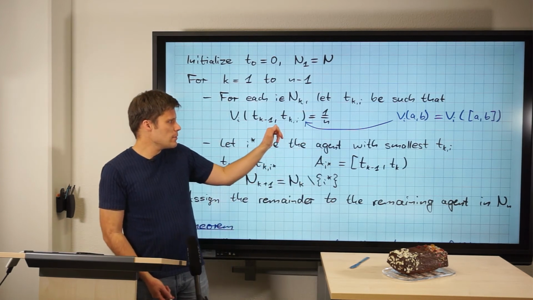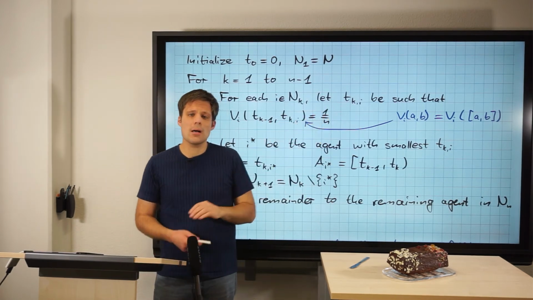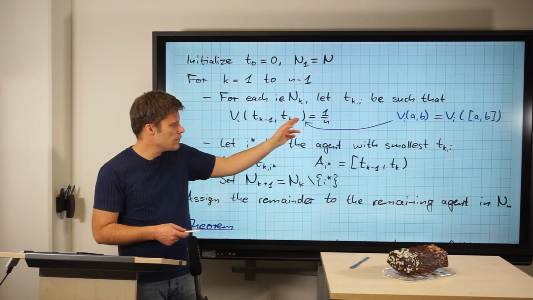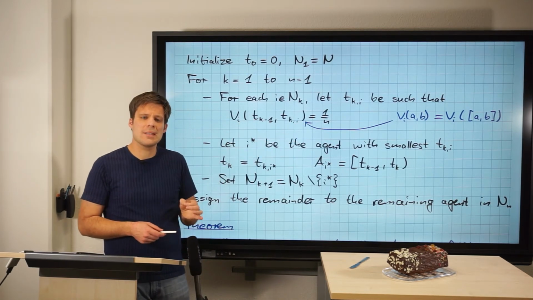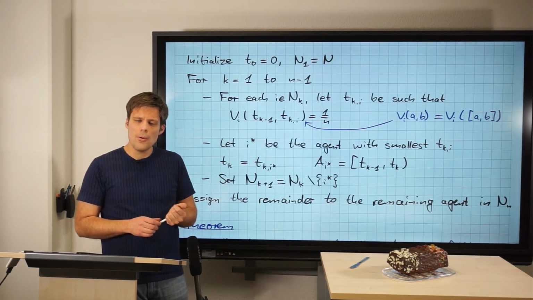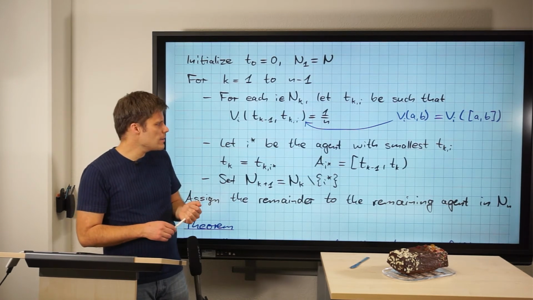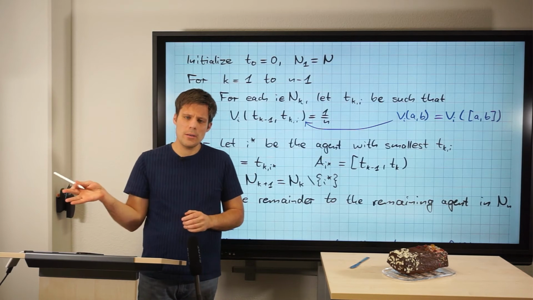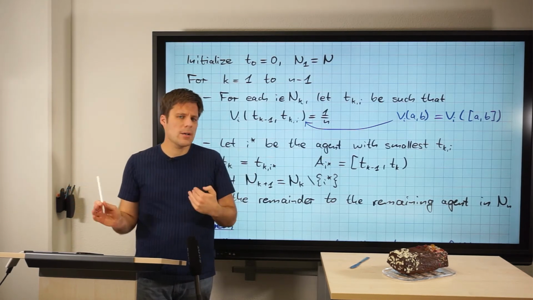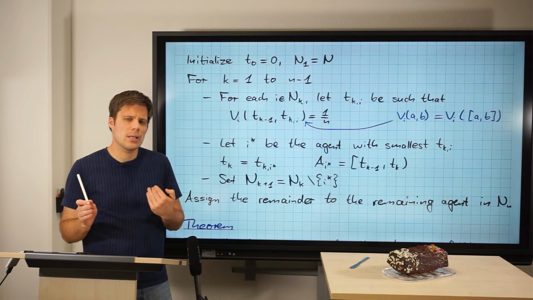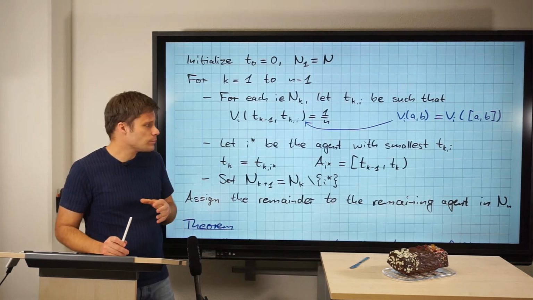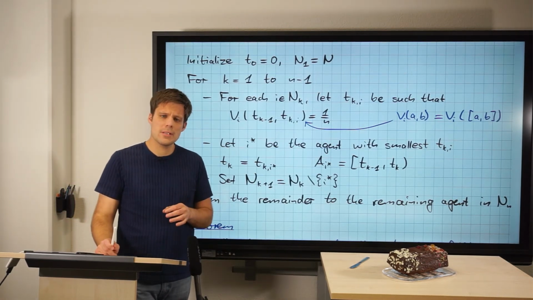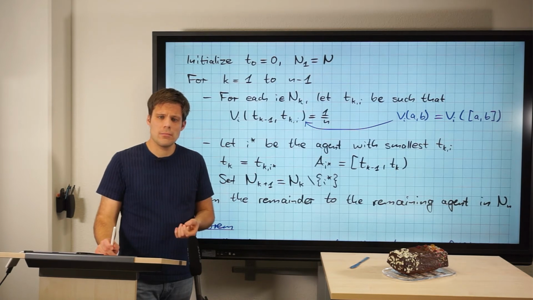Is there even such a point tki such that you value what is left by exactly 1 over n? Or could it be that you value everything from tk minus 1 up to 1, so all that is remaining of the cake that is still not allocated, less than 1 over n? Could that happen?